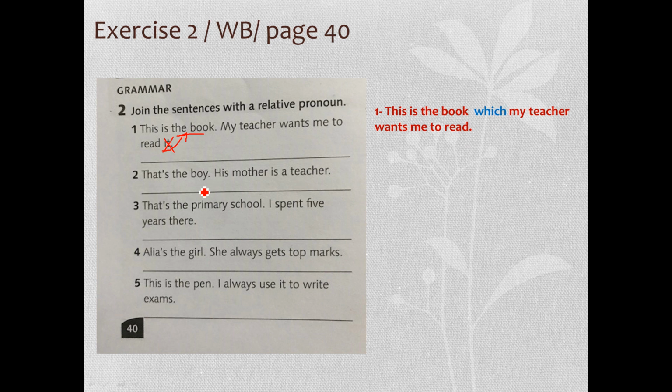With the practice إن شاء الله everything will be better. That's the boy, his mother is a teacher. That's the boy, هذا الفتى, his mother والدته معلمة. Now we said previously that the pronoun his is a possessive pronoun. هو من ضمائر الملكية. And we said that we have only one type of relative pronoun that refers to possession, which is whose طبعا.